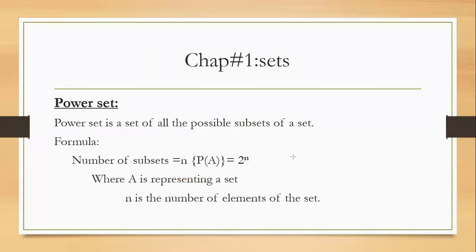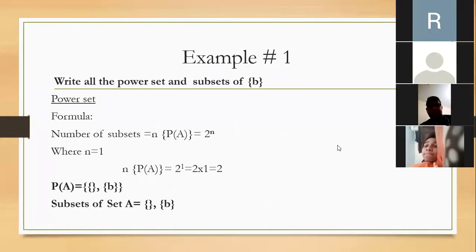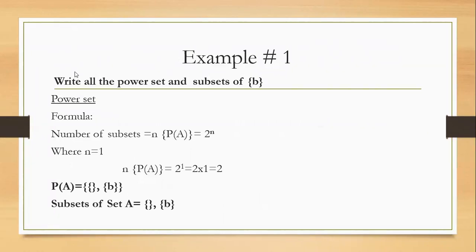Now, let me explain power sets with the help of an example. Example number 1. Write all the power sets and subsets of {b}. Okay, now how can we find the power set?